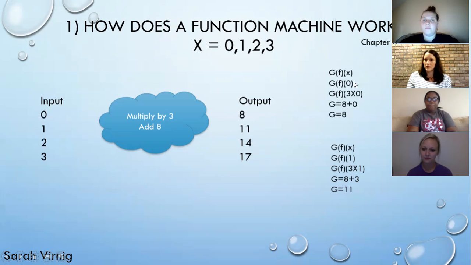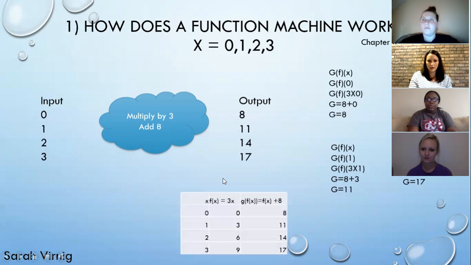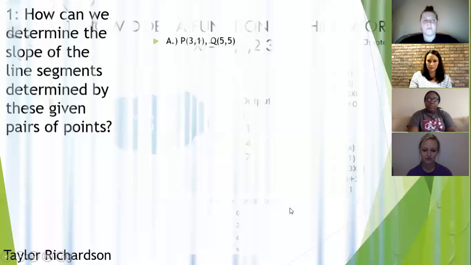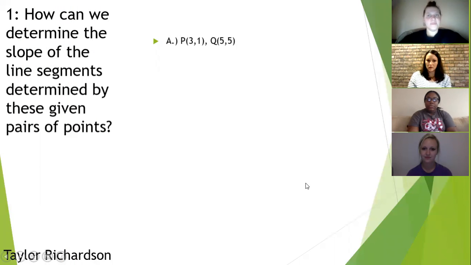And then our last two, and it just shows us step by step how to do it. We're going to have 3 times 2 is 6 plus 8 is 14. And then when we substitute 3 in, we get 17 for our answer. And then if we want to put it in a little slide here, or a table, that's what it would look like.